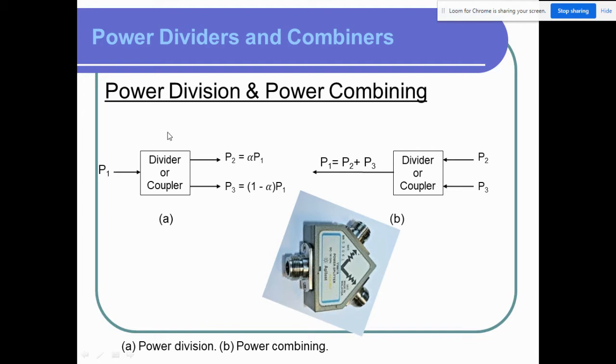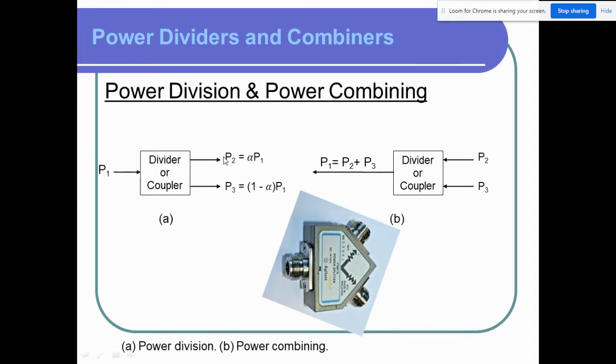So this is how the power combination and division is done. You can see if you input a power P1, then it will divide. If it's a 2-port output and 1-port input, meaning a 3-port network, a 3-port device, then the power should be divided by a factor of alpha, multiplied by P1.